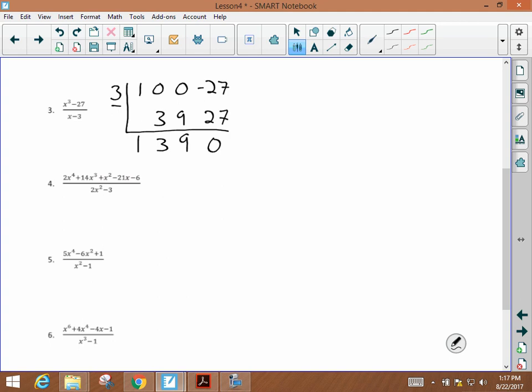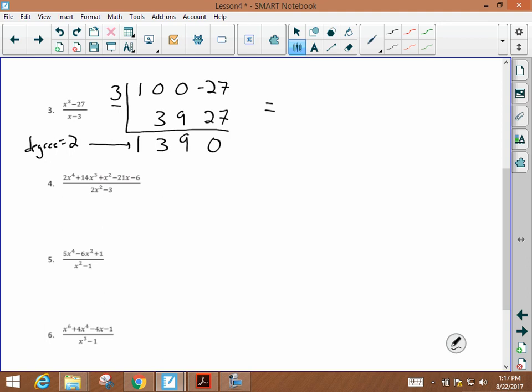So how do I express this answer? First of all, the degree of my numerator is 3. So that means that this right here has to have a degree equal to 2.